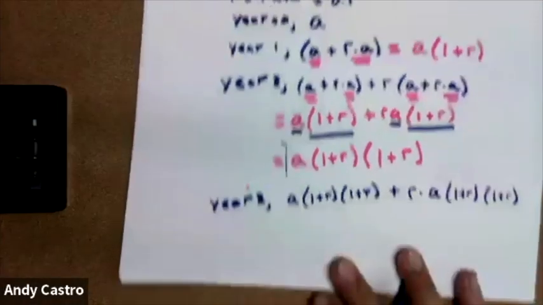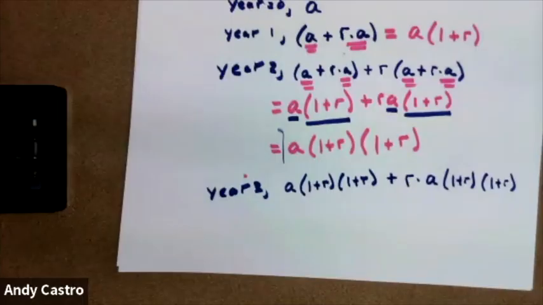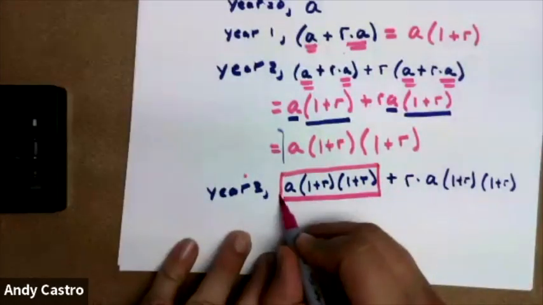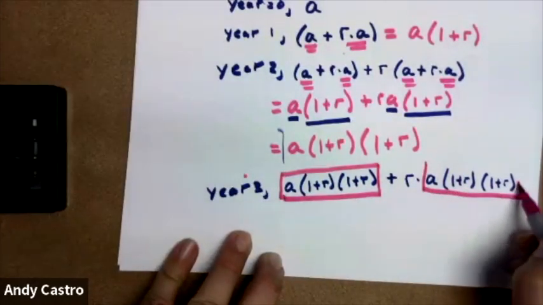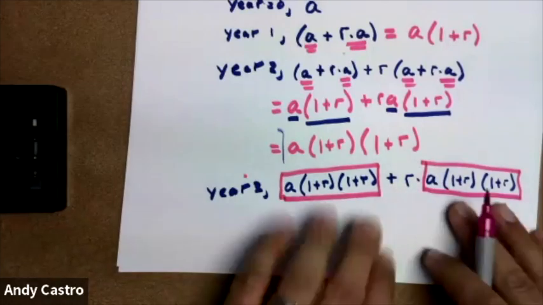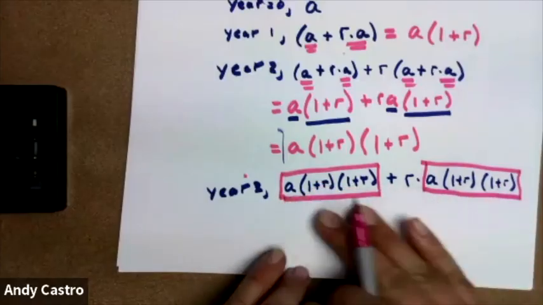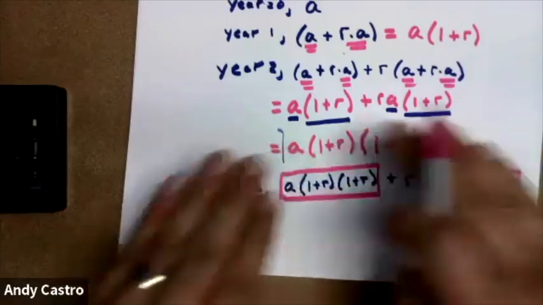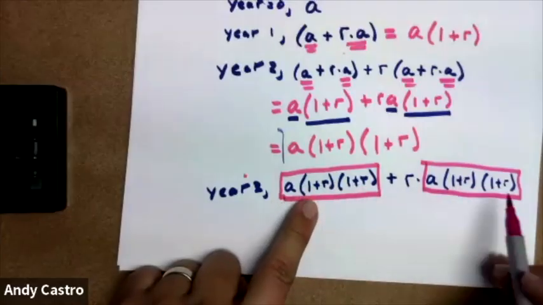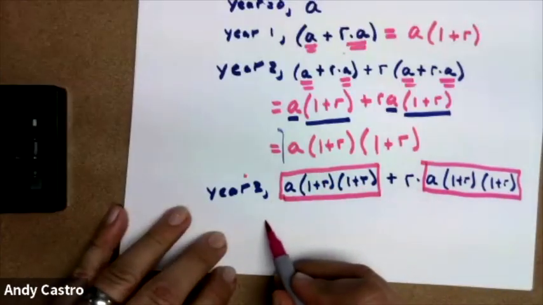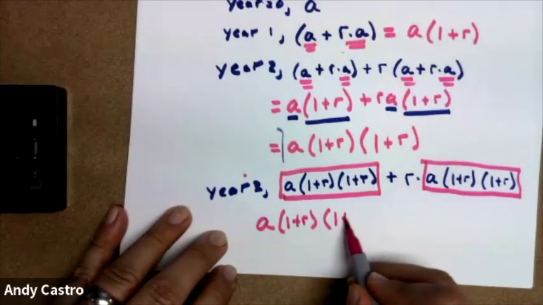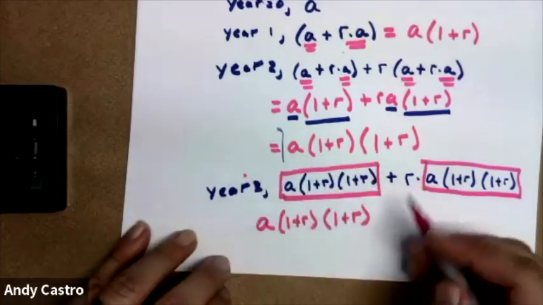Now, we can notice something similar. We have a 1 plus R, 1 plus R, and a 1 plus R, 1 plus R, and here's my plus operation. So I've got common factors. I can factor the A out of both, the 1 plus R out of both, and the 1 plus R out of both. So if I do that, 1 plus R, 1 plus R, I've factored that out.